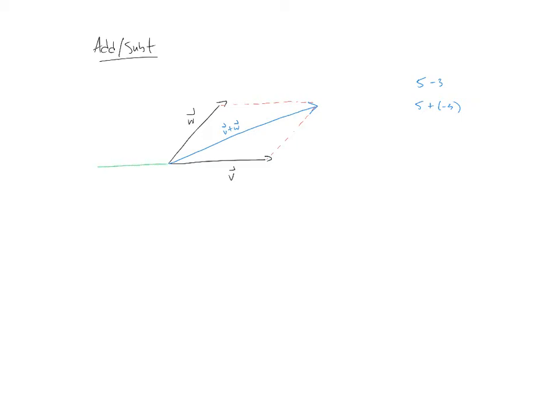Here, we'll call this negative V. So it's the same vector as V, but now it points in the other direction. And from here, we can also construct this parallelogram. And coming out of where the initial points are together, this would now be your resultant vector. And so we would really have W plus a negative V, which is also W minus V, and there's your subtraction of two vectors.